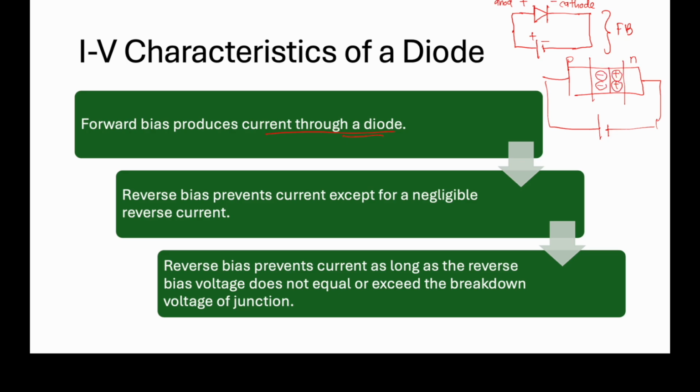So when the diode is connected to the DC source in forward bias, there will be more free electrons in this area, supplied from the DC source, and injected into this diode.